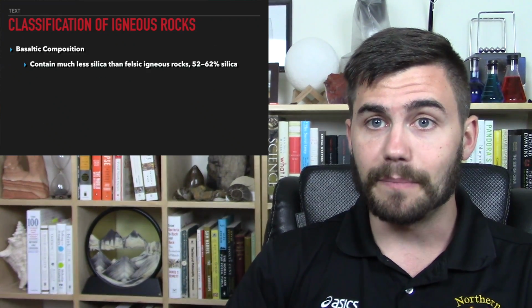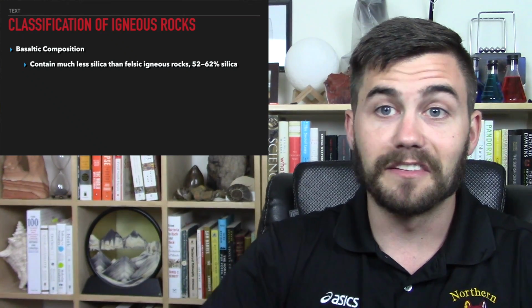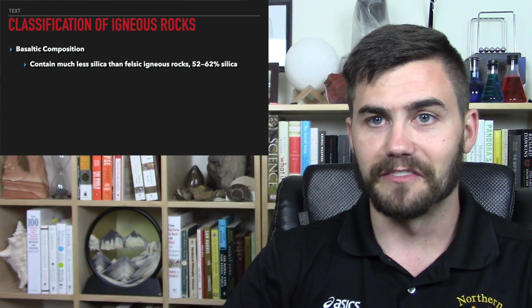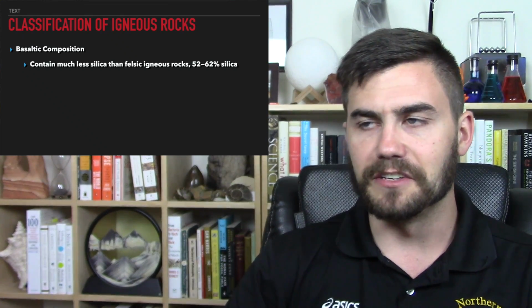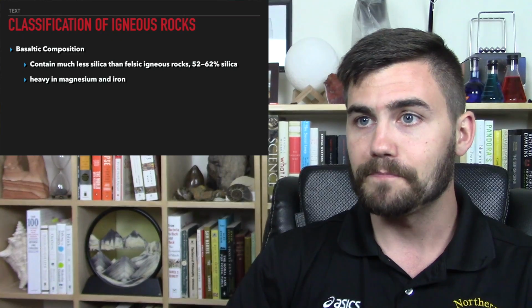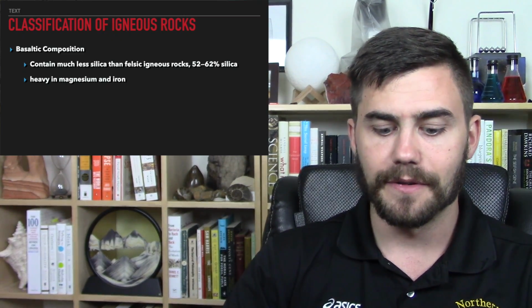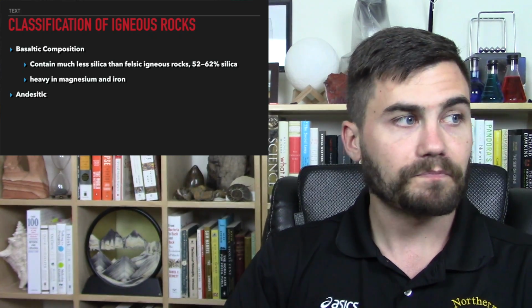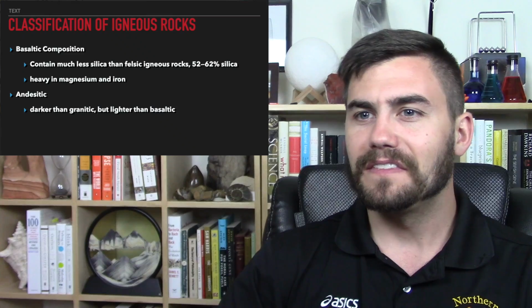The basaltic composition, there are different words for these, but these are the ones I'm going to use. It's called basaltic because basalt is a very common rock with this composition, and they'll be usually heavier in magnesium and iron elements as well. The andesite is a rock that fits between here.